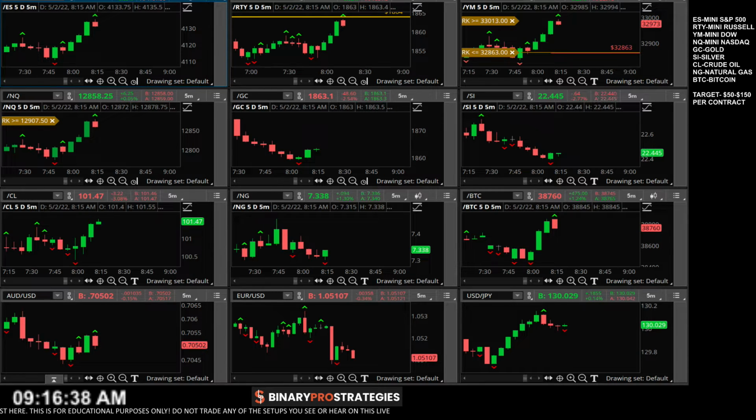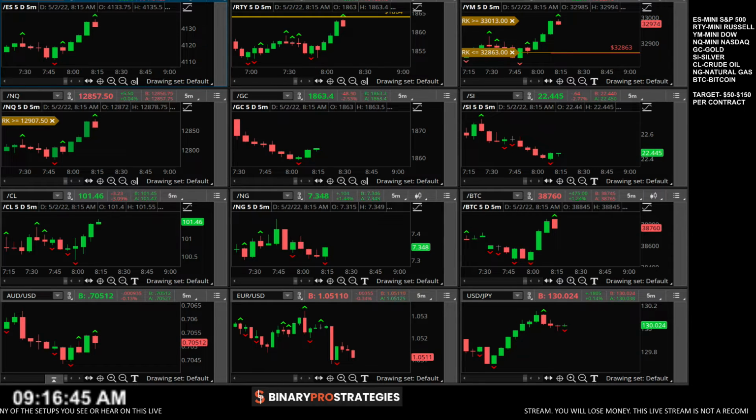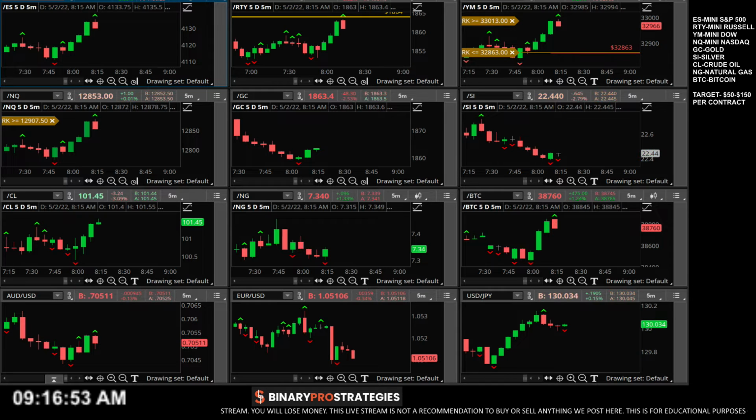Still long YM with a target of 330.13, reversal 328.63. Long the NQ, which is your mini NASDAQ, target 129.07.5. Give you a reversal if we don't hit target first.